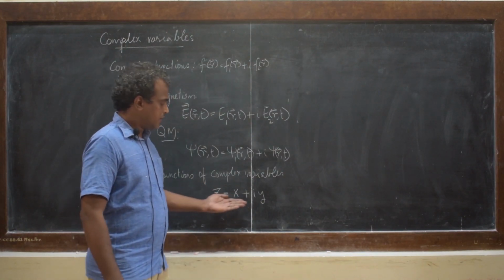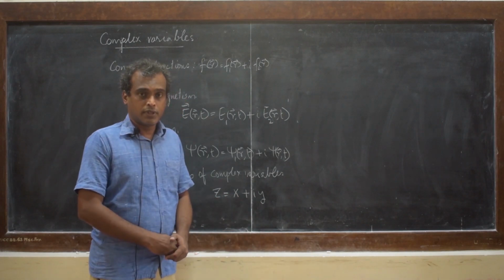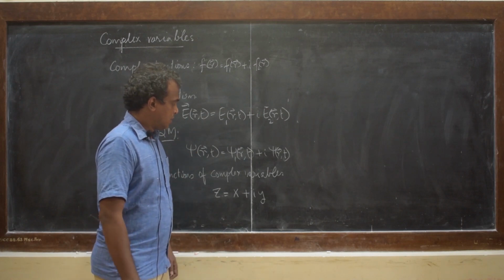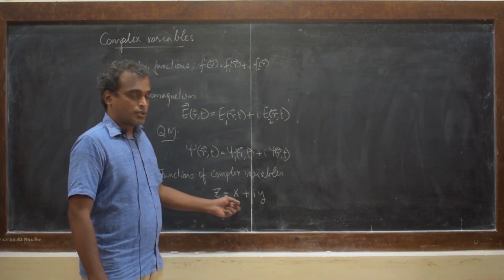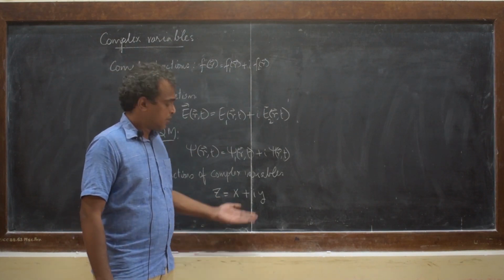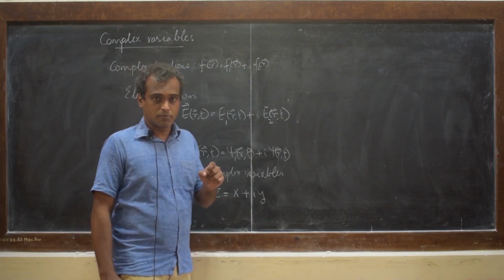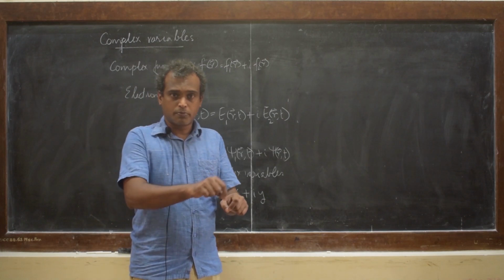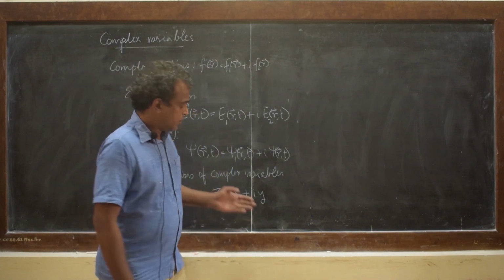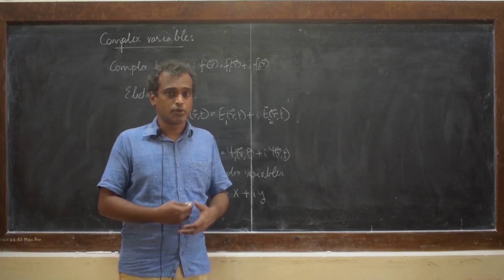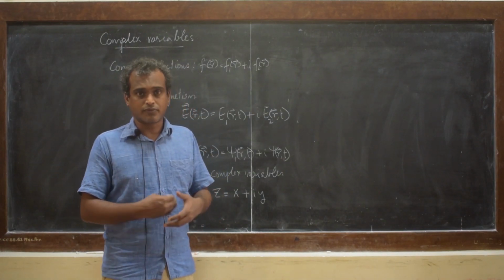This is a very useful way of representing points on a plane. So, it is clear that whenever we are studying functions that have specific values for each point on a plane, complex variables are going to be very useful to study such functions.